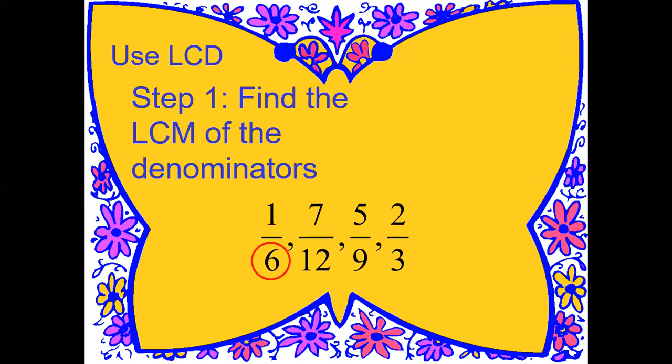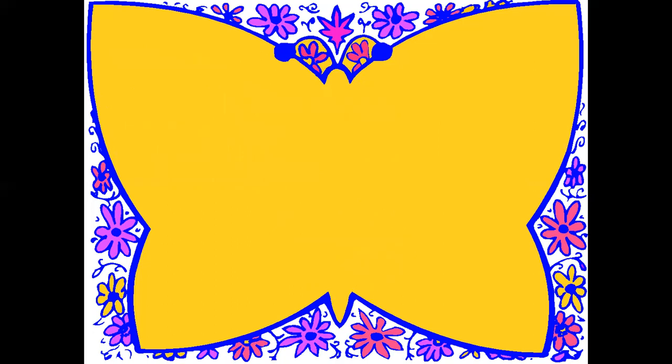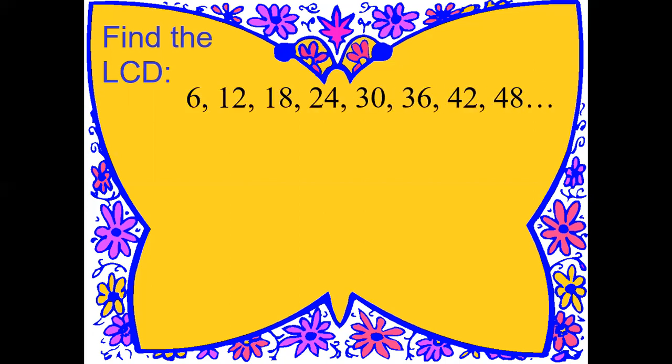So we are going to find the multiples of 6, 12, 9, and 3. So we are going to be listing the multiples of 6, 12, 9, and 3. All right, now we're going to find the LCD.